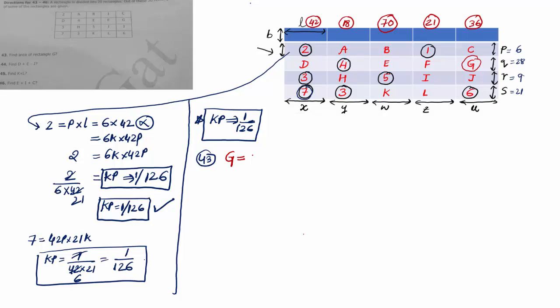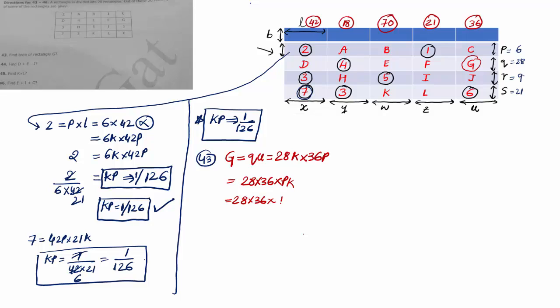Which is equal to q into u. What is q? Which is 28k. What is u? U is 36p, right? So 28 into 36 into kp, right?